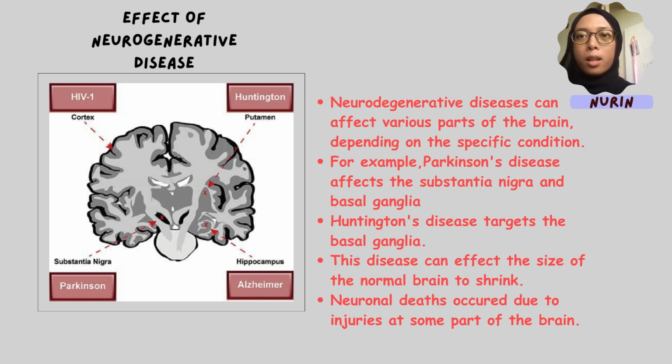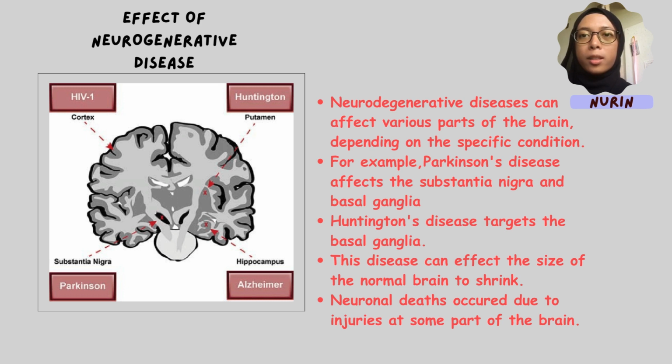Other than that, Huntington's disease is also one of the common neurodegenerative diseases, and it affects only the basal ganglia, caused by the high amount of proteins inside of it.